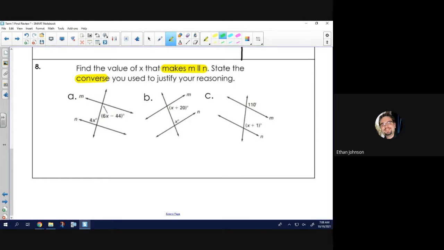Well, if we do our highlighter trick and highlight our zigzag, same color means we set equal, different colors add to 180. Well, these two are the same color, so I can write 4x equals 6x minus 44.